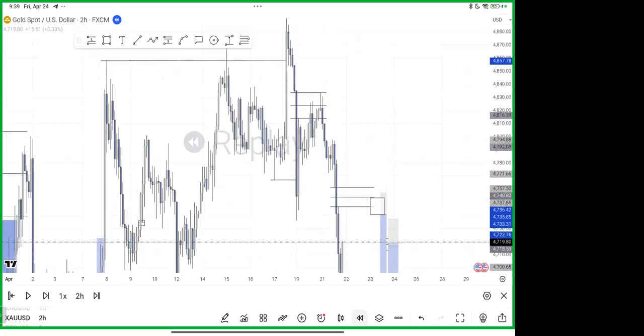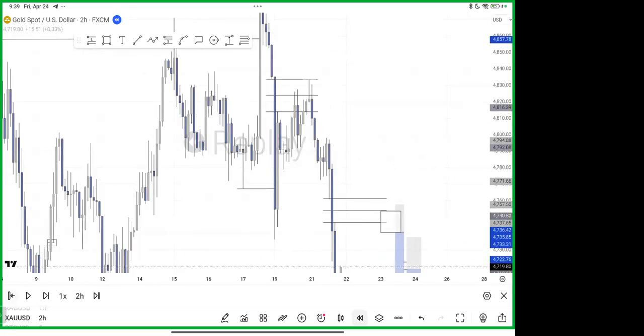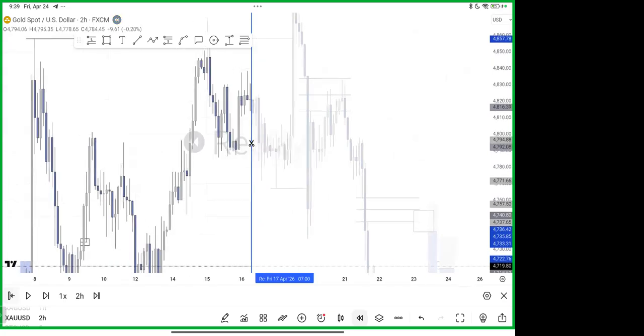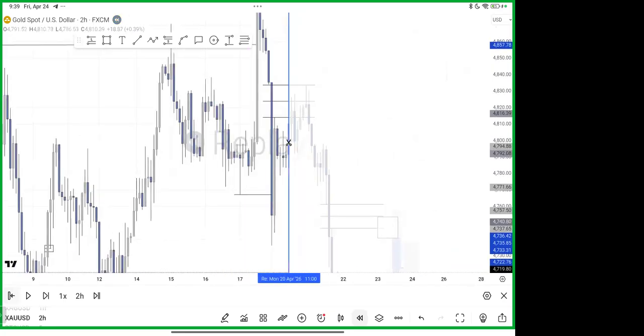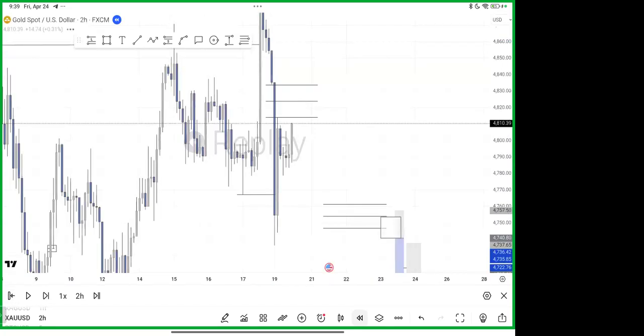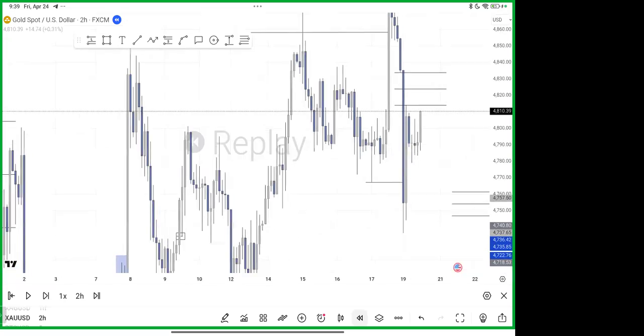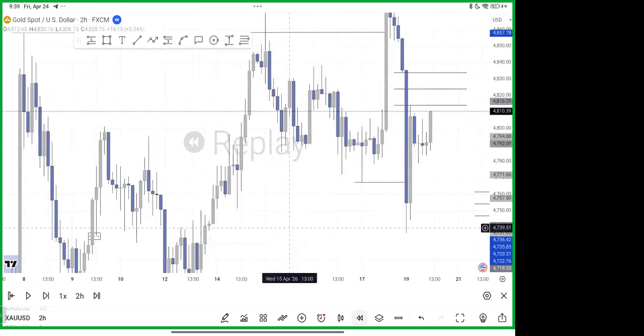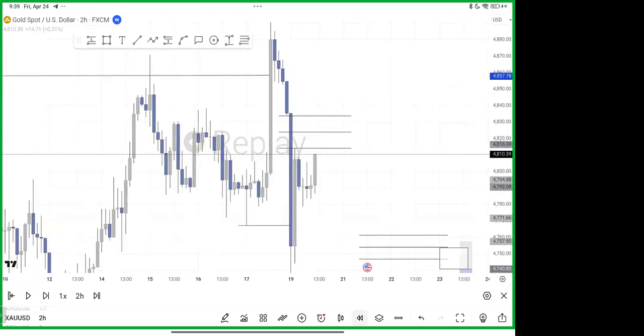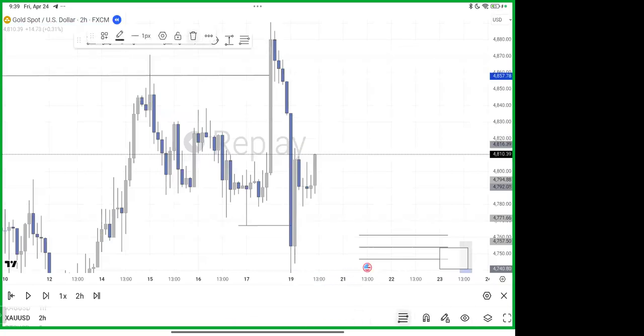So this is a bearish fair value gap. Do I need to mark it? Okay, let me just mark it.